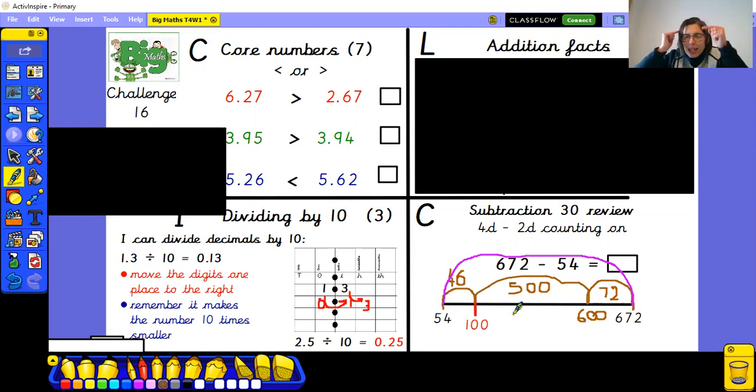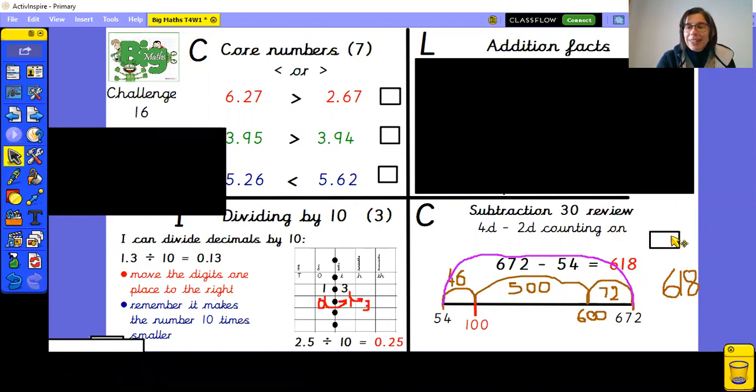Use your brain. Have you got it? Yeah, well done. Let's reveal it in a second. And if you've got the answer as 618, you are totally correct.